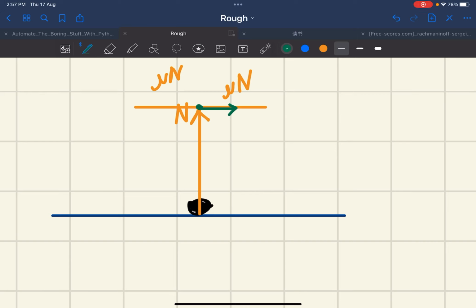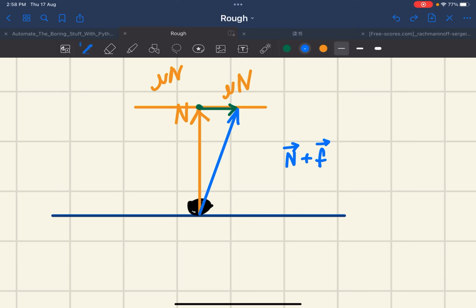Alternatively, you can also think of the vector N plus F. So this N plus F can only be a vector with a tail here and its tip lying on this line, for a given normal vector, that is.